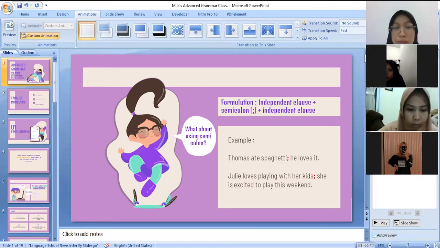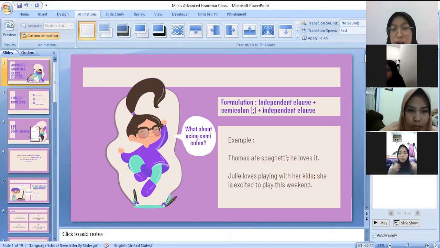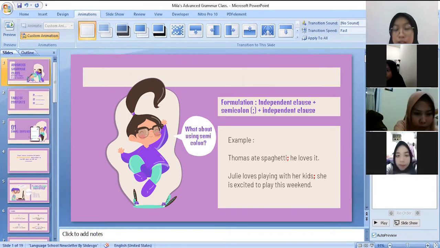Look at the example. Thomas ate spaghetti, semicolon, he loves it. So this is an independent clause, semicolon, and an independent clause. And it is another example of a compound sentence using semicolon.